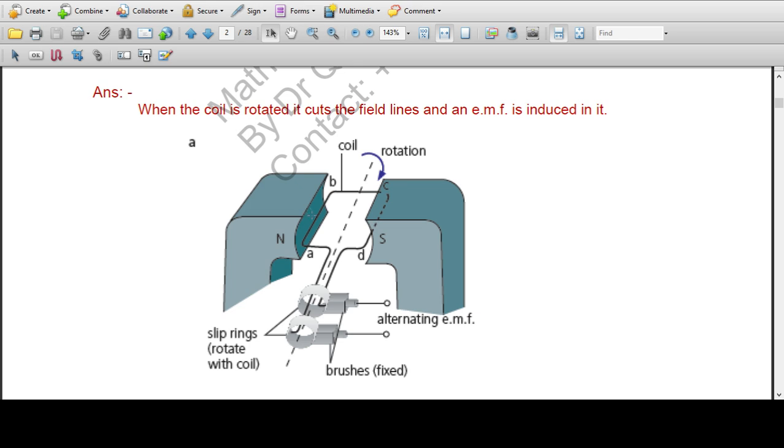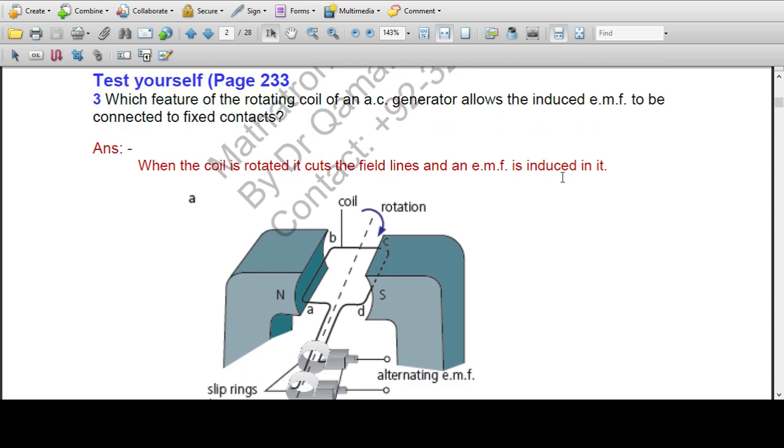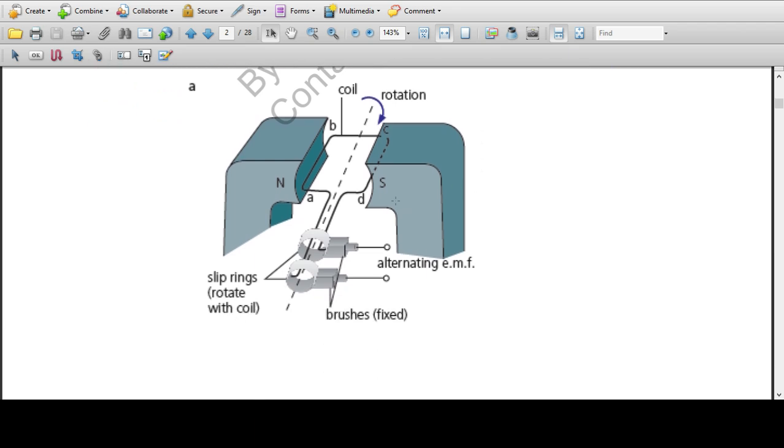So when the coil moves, it cuts the magnetic field lines and EMF is induced. And this EMF induced at this terminal, this wire is connected to these slip rings, and from these slip rings carbon brushes, terminal outputs are taken out from here and it may be used in the load.